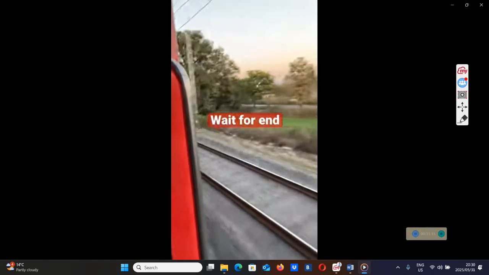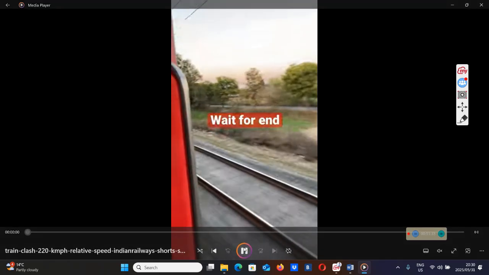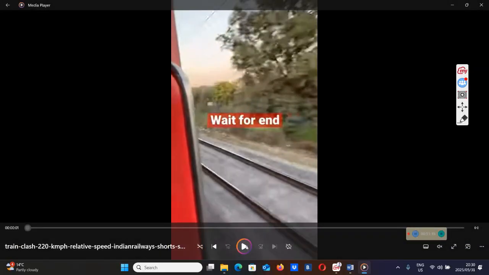Let's see here. You will observe the relative velocity of the trees.